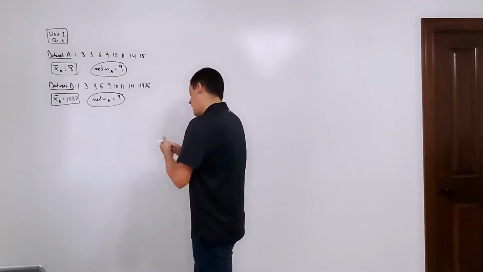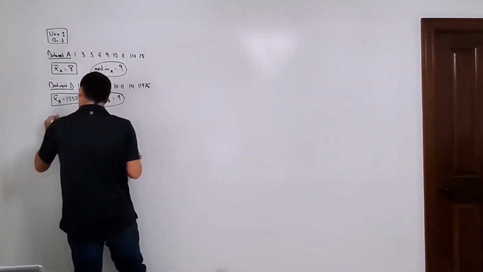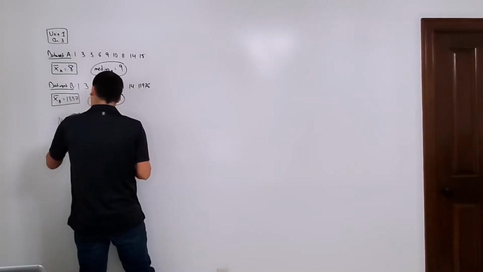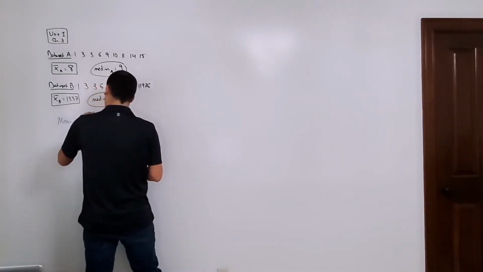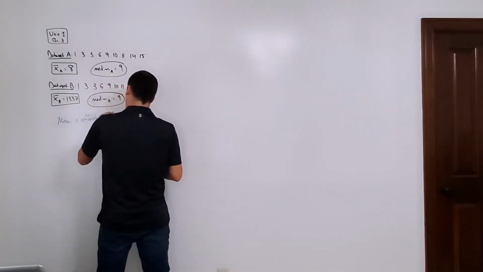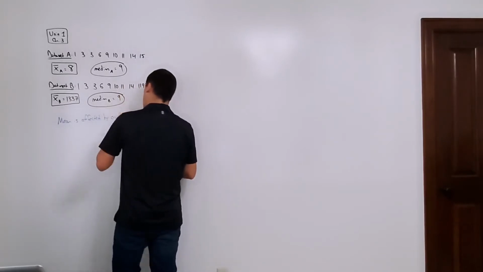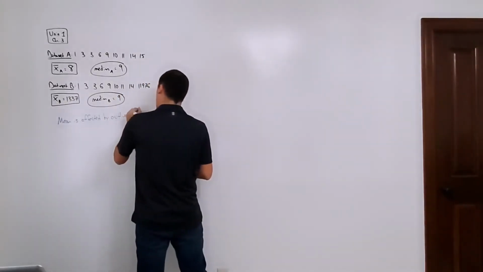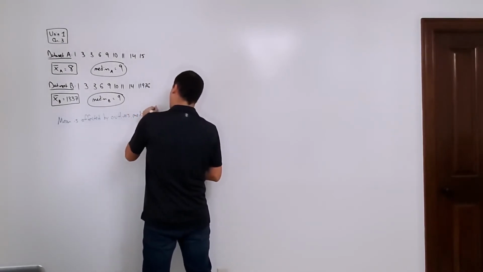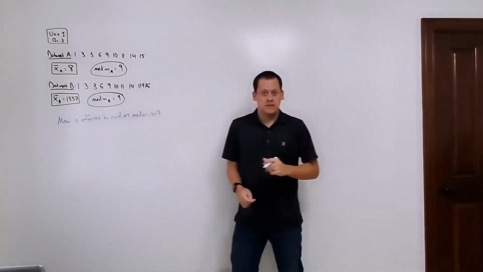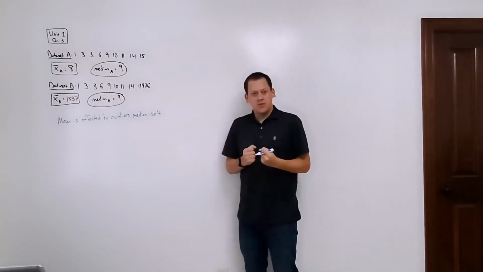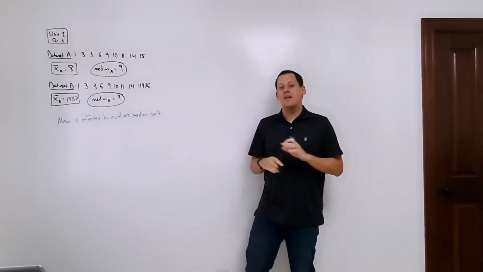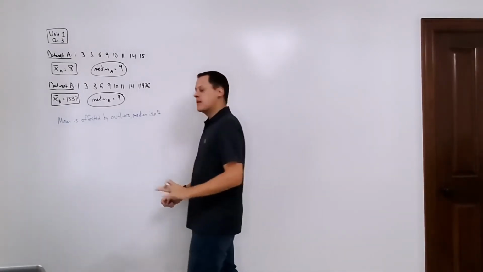So, the mean is affected by outliers, but the median isn't. The mean is susceptible to being changed by outliers, and the median is going to stay where it is.